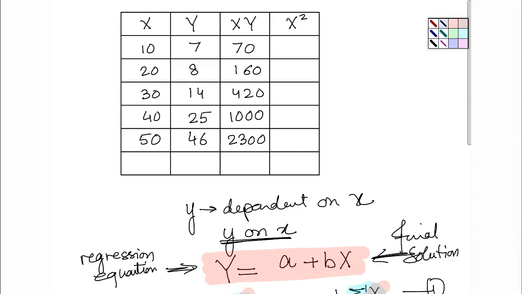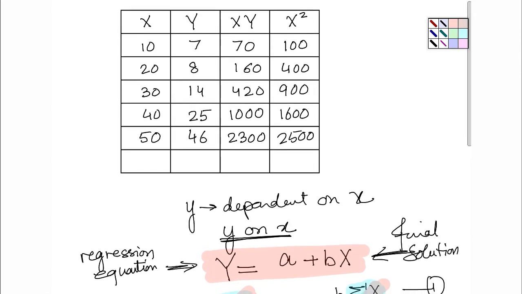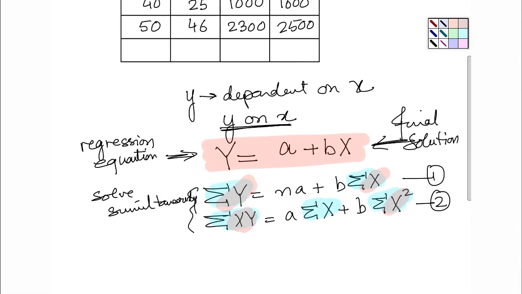Then there is this x square, nothing but the square of these x values. 10 square would be 100, 20 square would be 400, 900, 1600, and 2500. Fine. So I have all these values done: x, y, xy, and x square.